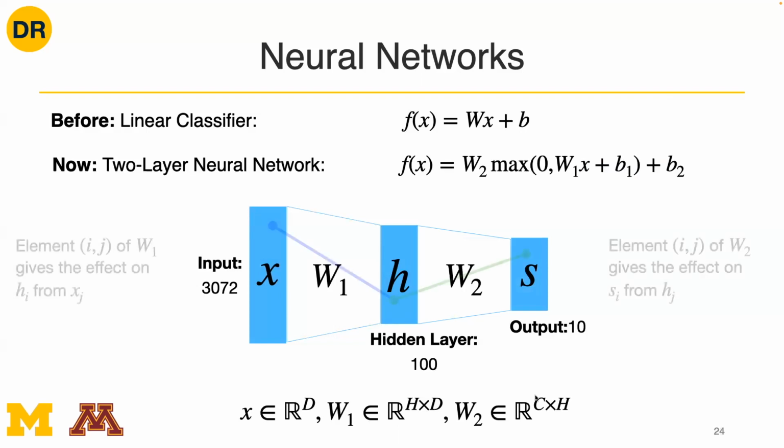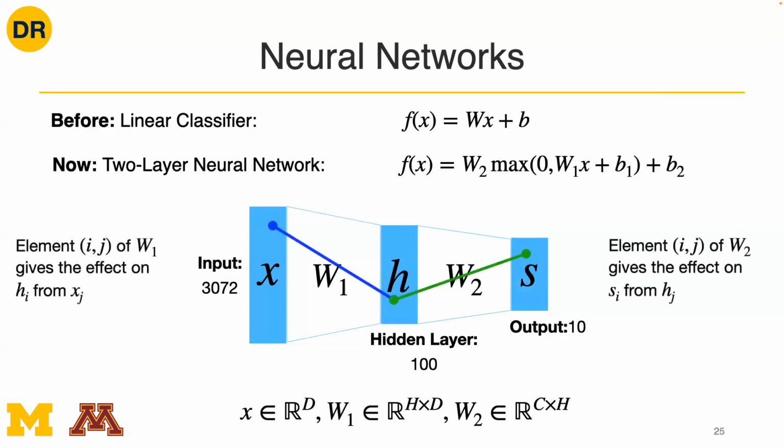OK. So another way to interpret what the weights are actually representing, because the weights are what we'll refer to as fully connected. Let's take weight matrix W sub 1 as an example.